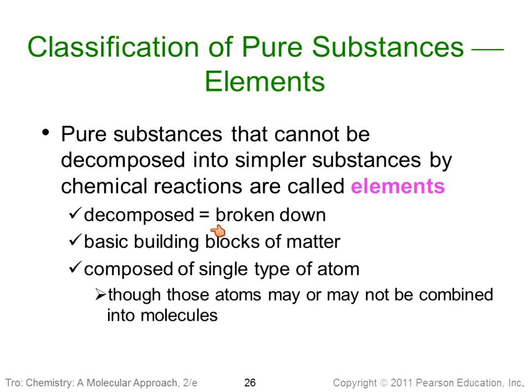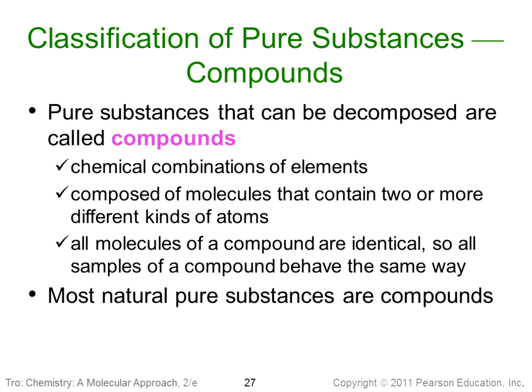Elements, what are they? These are things that cannot be broken down. They're the basic building blocks of matter. Usually they are composed of single atoms, but we'll see later that some elements are composed of the same atom bonded two or more times to one another. And compounds are two different atoms that are bonded together.